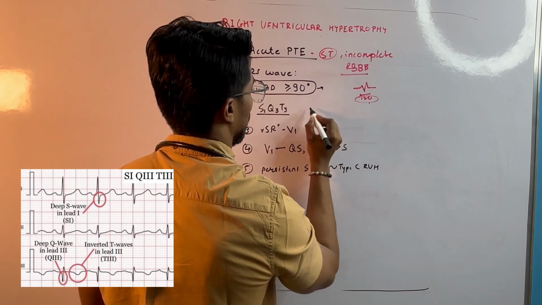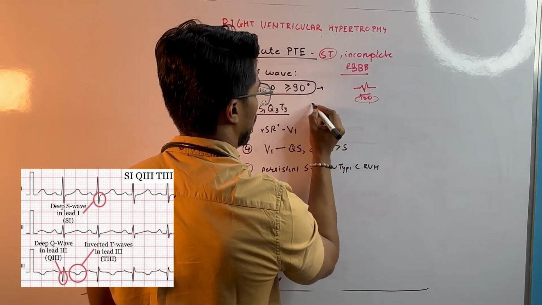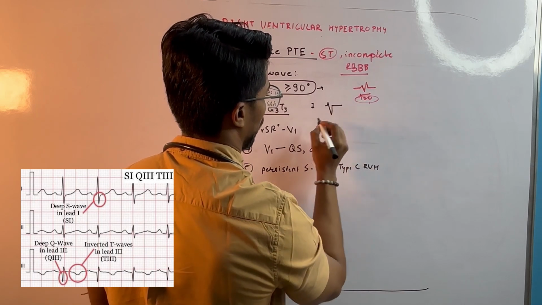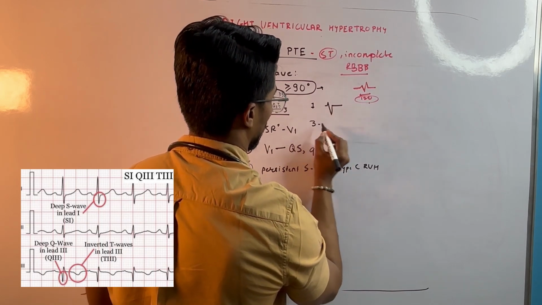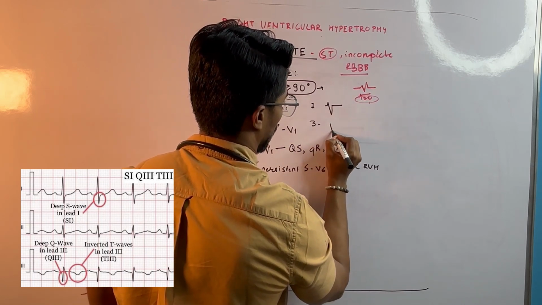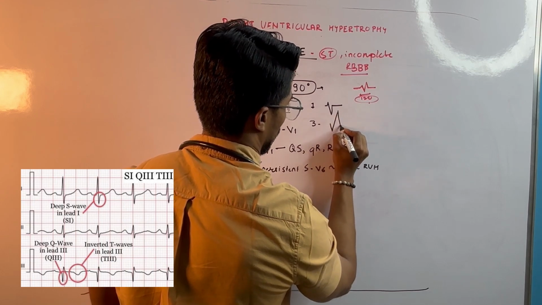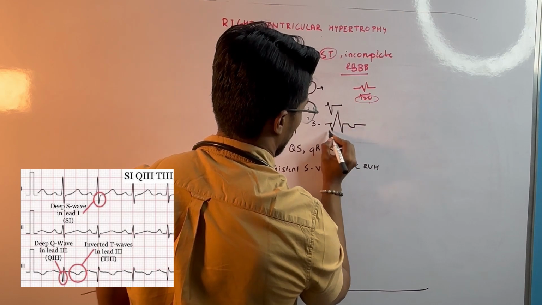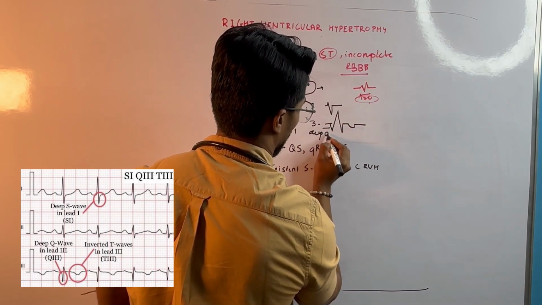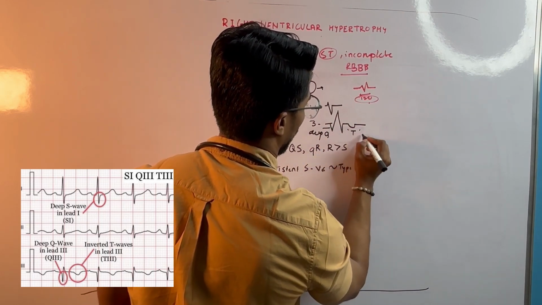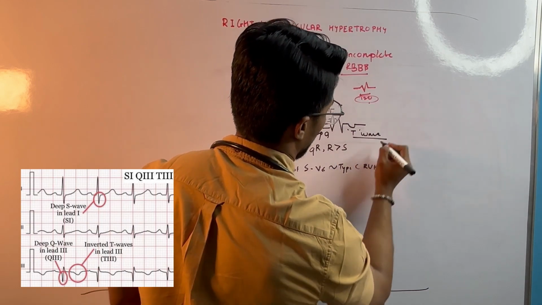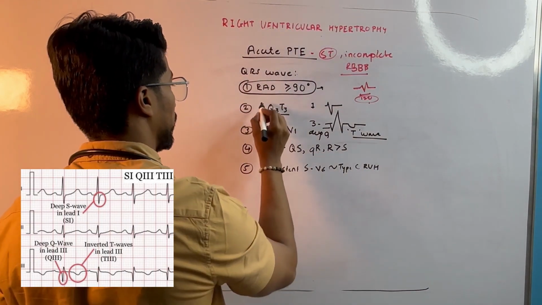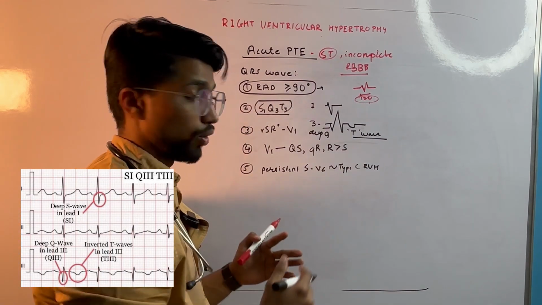This pattern, in lead 1 you're going to have a deep S wave, and in lead 3 you're going to have a Q. So this is your deep Q wave, and this is an inverted T wave. So this is what is called the S1Q3T3 pattern, which is among the most specific ones for diagnosing PTE.